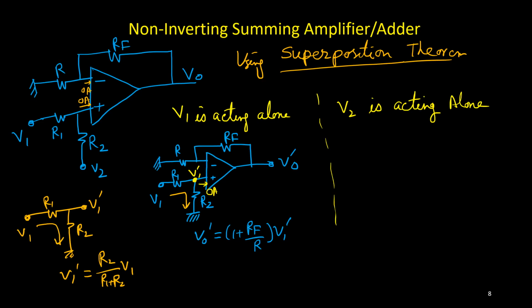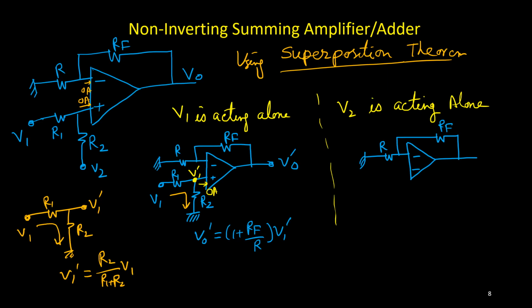Similarly, we can do the same thing when V2 is acting alone. So this is the feedback R, it is RF.